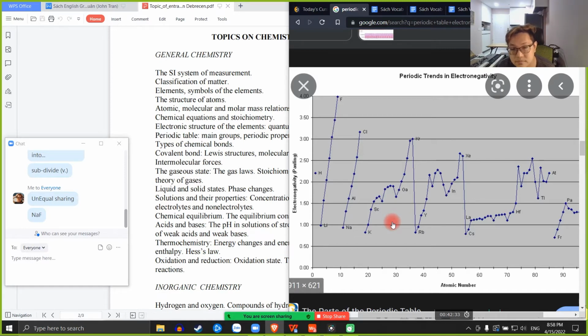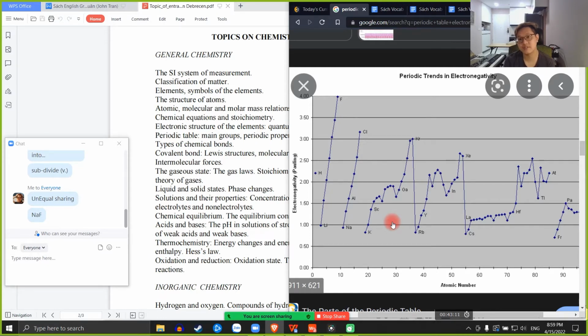For example, nickel, yeah. The electrons from the 4s tend to jump to fill the empty orbitals from the 3d shell. Yes.